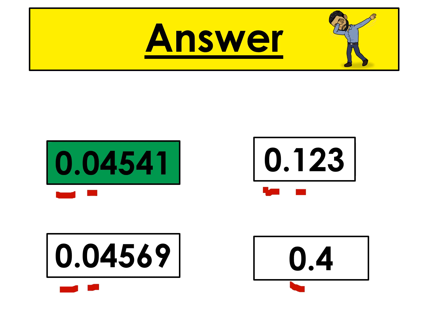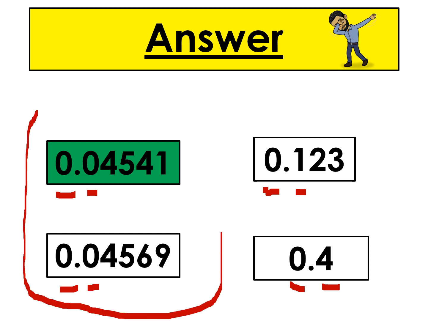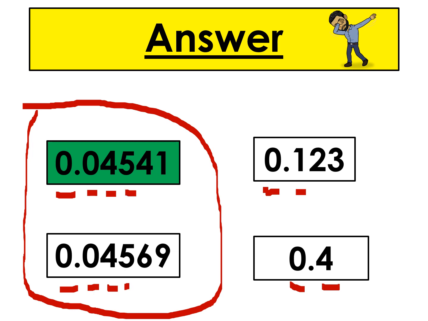We know straight away that that and that is bigger than these two. So then we have to just keep going with these two decimal numbers. So that's got a 4, that number's got a 4. Again, they have 5 and 5, but then we can see that the next digit is 4 and 6. And because we know 4 is smaller than 6, we know that that would end up being the smaller decimal number.